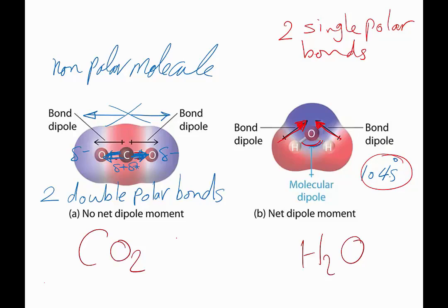The result will be a net dipole moment, a net dipole upward. So the water molecule is a polar molecule. That's why water is one of the highest polarized molecules.